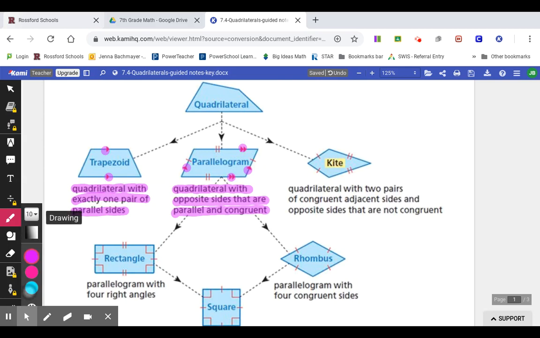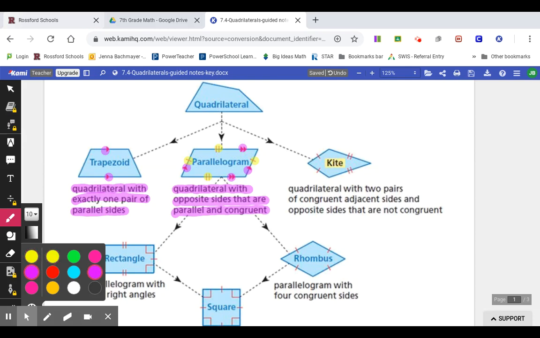Then we have the symbols that identify that these are congruent. Congruent, remember, means the same. So the top and the bottom lines are going to be the same. They are the same value.